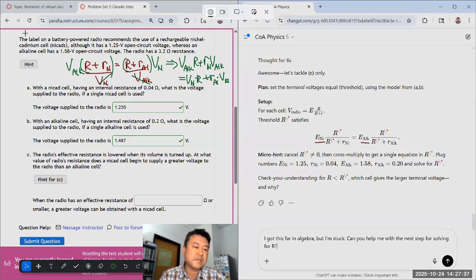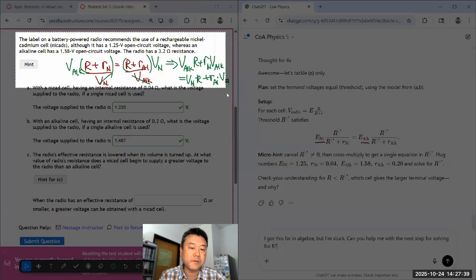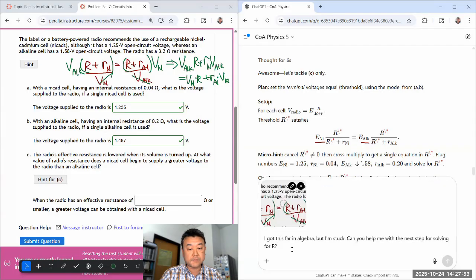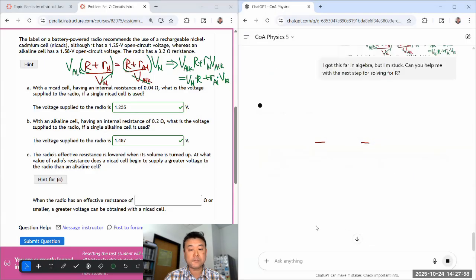I do see from time to time a lot of people plugging in numbers, and maybe that gives you a better sense of what to do. As a crutch, it's fine, but as you go to higher levels, you should learn how to do the symbolic algebra. And this is where I do believe generative AI can be helpful, because it can see what you have done so far and respond in real time with what the next step is.